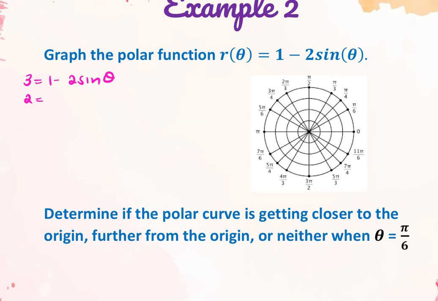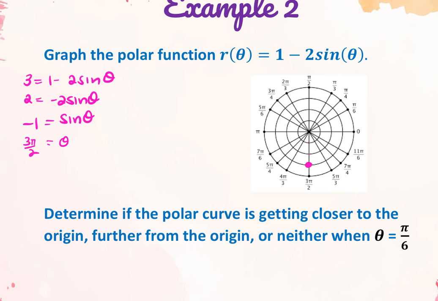Subtract the 1. 2 equals -2 sine of theta, and sine of theta equals -1. And where is sine -1? 3 pi over 2. So 3 pi over 2 is where a radius of 3 happens. That's going to be the rounded end, which means the loop is happening at the top.